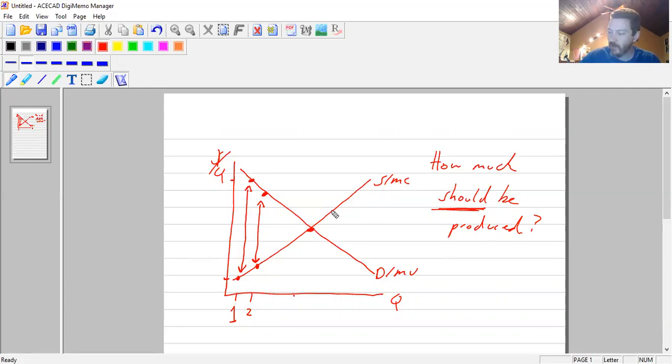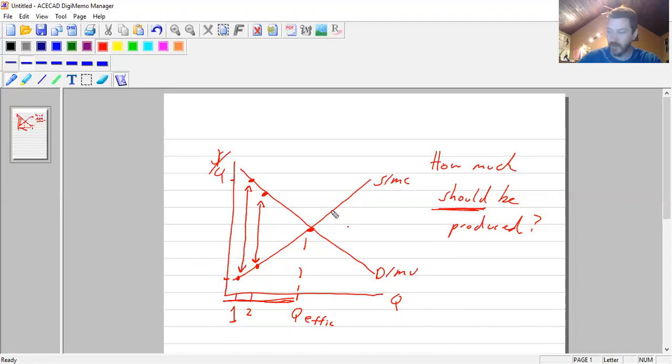For all these units, we're going to call this Q efficient, the efficient quantity. For all these units below Q efficient, those units are more valuable than they are costly, and they should be produced. Society is being made better off as a result of the existence of this market, of the production of these goods up until Q efficient.